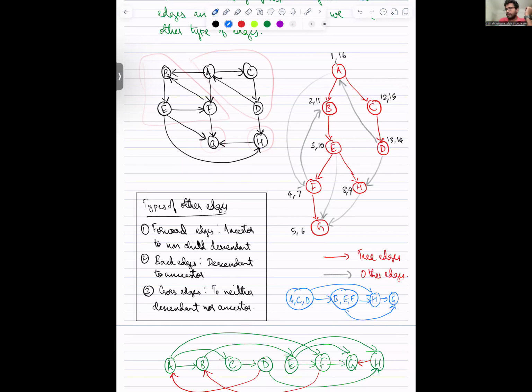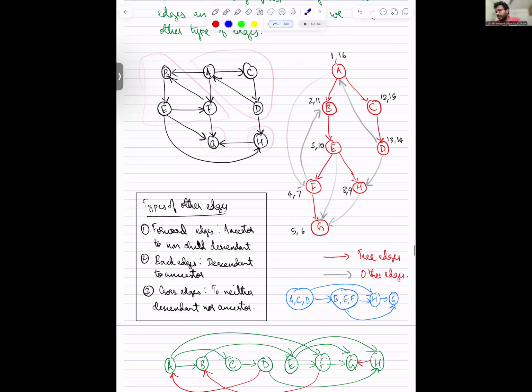So there is only one source strongly connected component, that is ACD, and indeed A receives the highest post number. There's only one source and one sink over here. Okay, so that's another illustration.